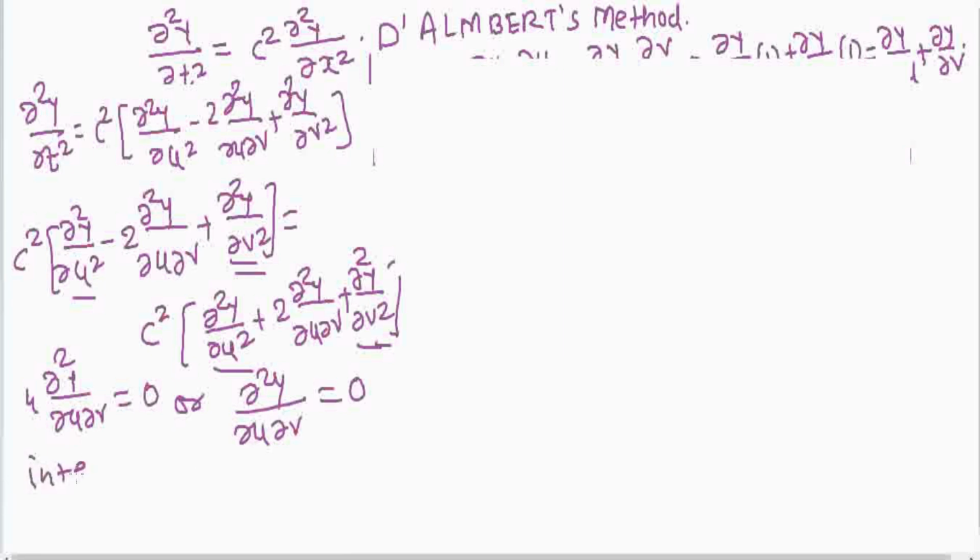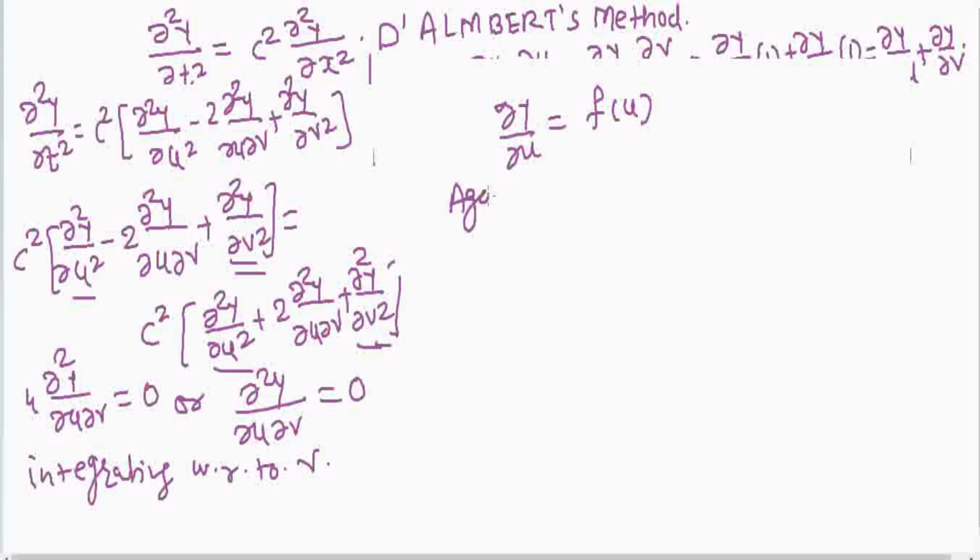Now integrate this, integrating with respect to v. So when we integrate with respect to v, we have ∂y/∂u equal to a function of u, since when we integrate it may be a function of u. Now again integrating with respect to u, we have y equal to the integration of f(u) du plus a function of v, which is again a function of u.